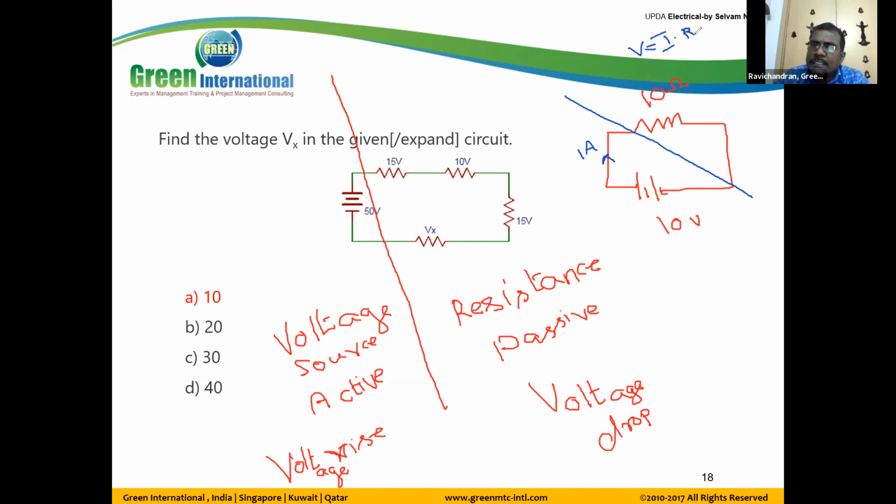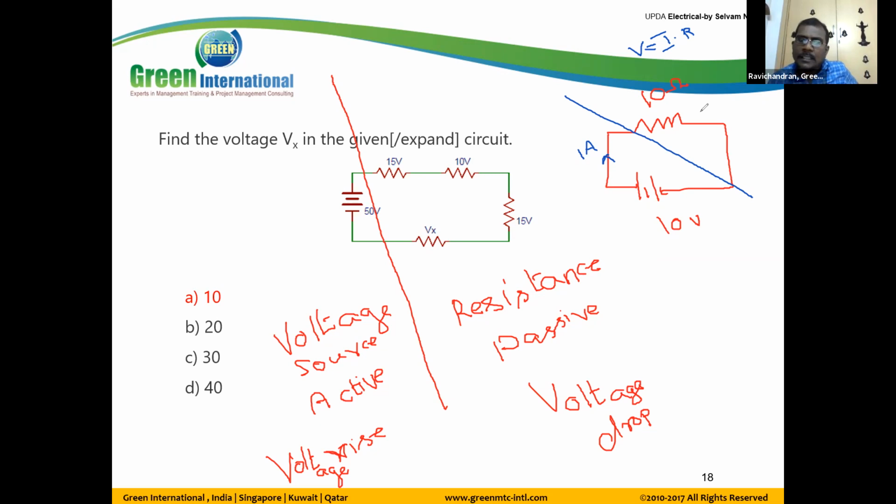The current flowing through the resistance is 1 amp and the resistance value is 10 ohm, so 1 into 10. When will current flow? When the circuit is closed. If you use the word voltage drop, that means the circuit is closed. If the circuit is not closed, we do not use the word drop.